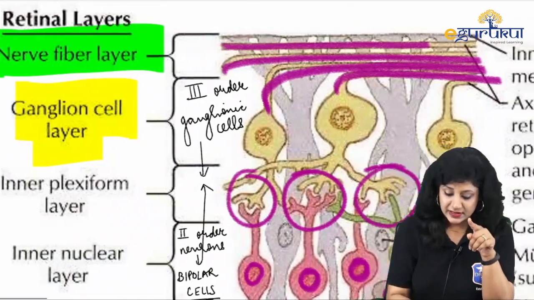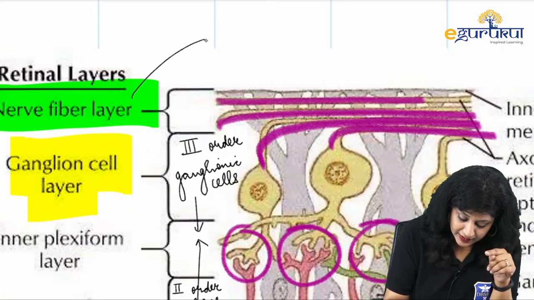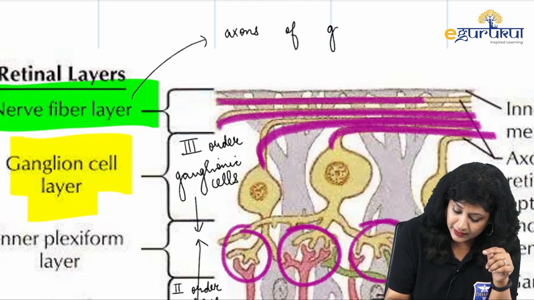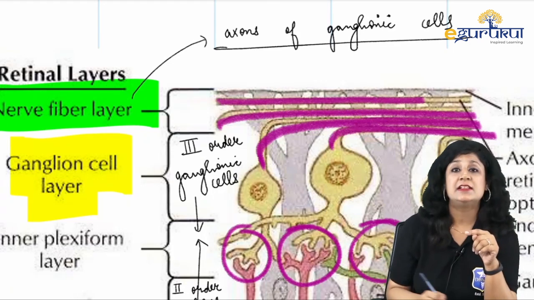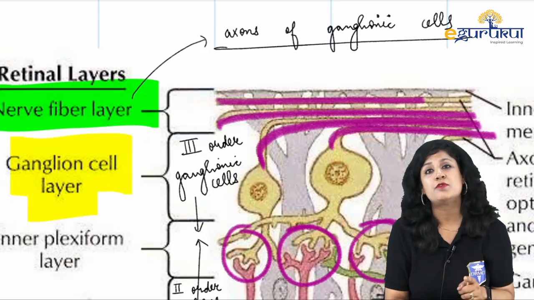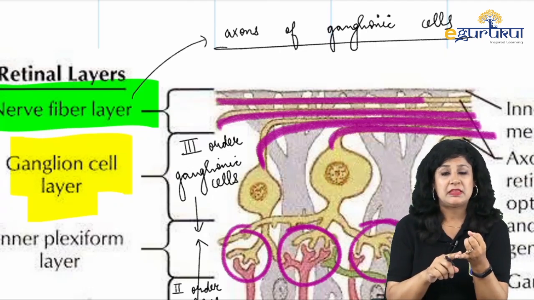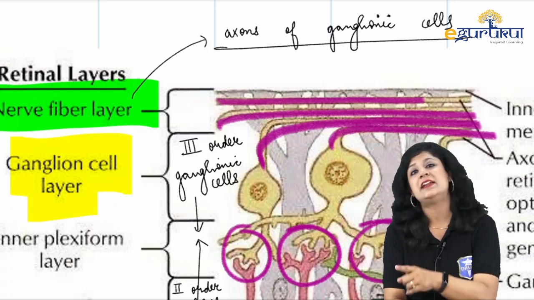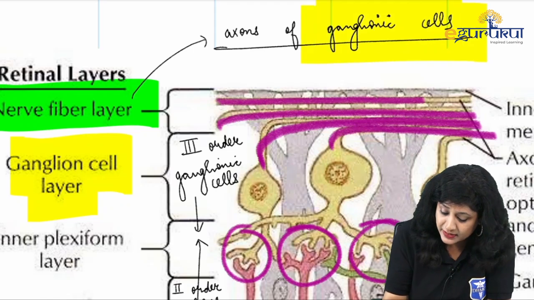So very conveniently now I can say that this nerve fiber layer contains the axons of the ganglionic cells. Now, if you remember the definition of glaucoma that I gave you, the multifactorial optic neuropathy characterized by retinal ganglionic cell death by apoptosis. So, why was it actually ganglionic cell death?